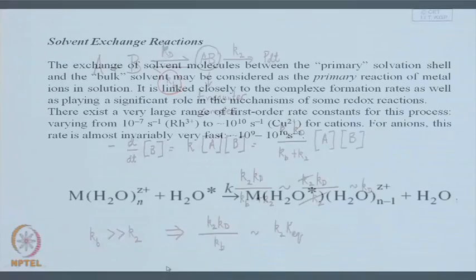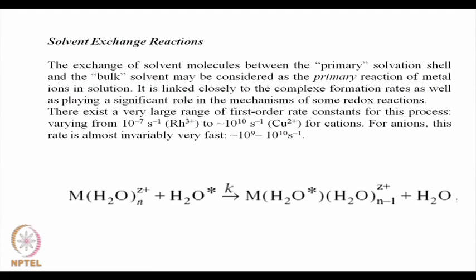Now, let us come to the solvent exchange reaction. So, what is that? It is basically the exchange of solvent molecules between the primary solvation cell and the bulk solvent, and it may be considered as the primary reaction of metal ions in solution.